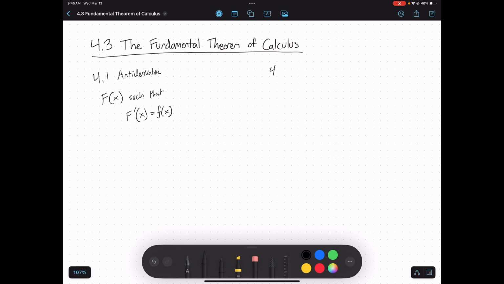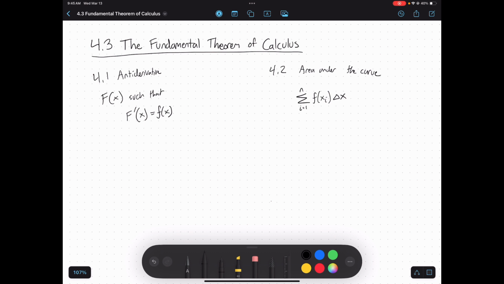But then in 4.2, we talked about area under the curve and how we can estimate that area by summing up a bunch of rectangles.